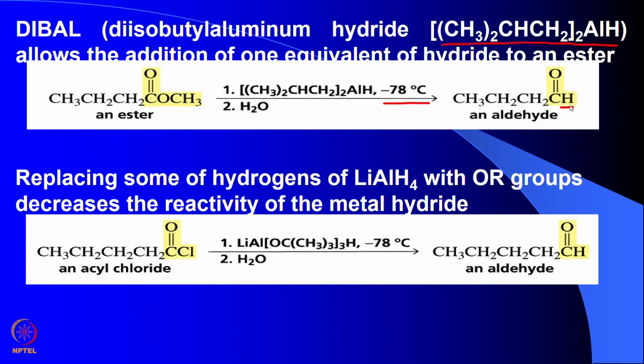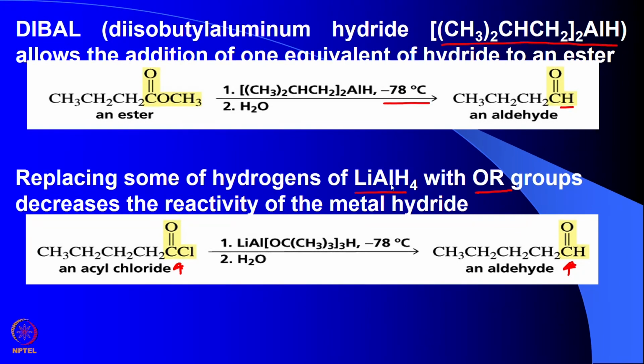Replacing some of the hydrogen atoms of lithium aluminum hydride with some organic groups reduces the reactivity of the metal hydride. By doing that, this acid chloride is reduced to aldehyde instead of being reduced to the alcohol, which lithium aluminum hydride would have done if we had used it as it is.